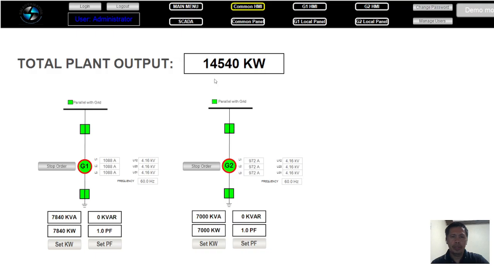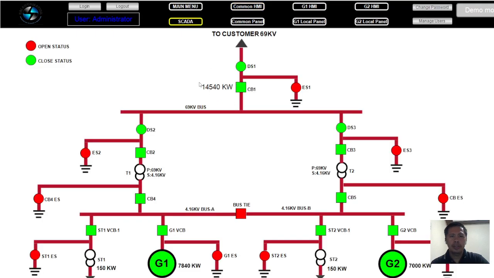So now the total plant output is around 14,040 kilowatts. You can see the SCADA now. Generator 1 is at 7840 and generator 2 is at 7,000.